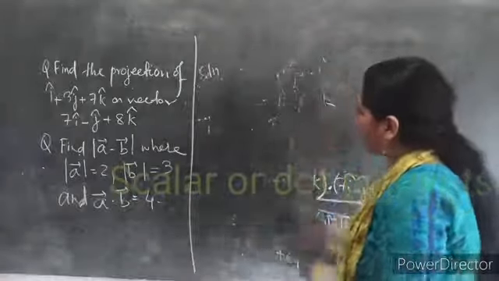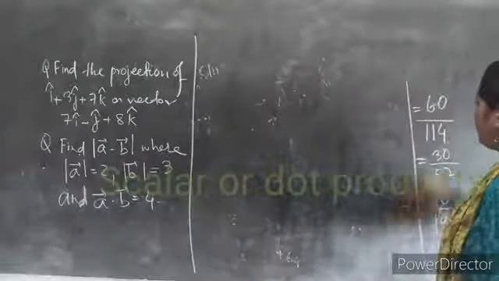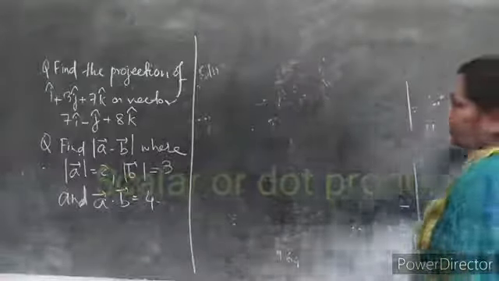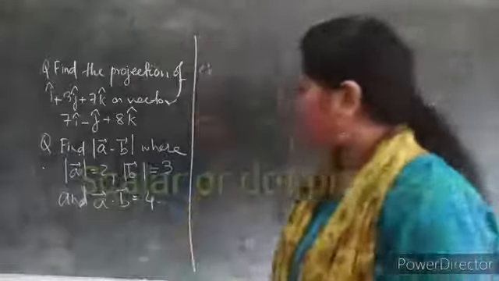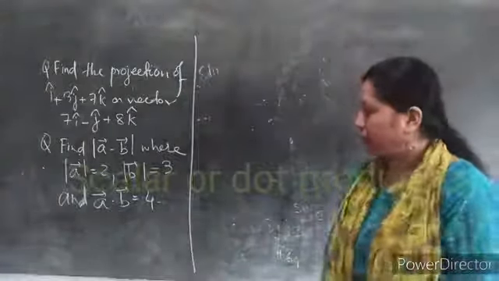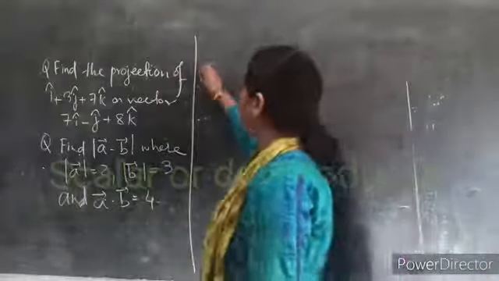So let us see the second question here. Find magnitude of A minus B, where magnitude of A is equal to 2, magnitude of B is equal to 3 and A dot B is equal to 4. Okay.